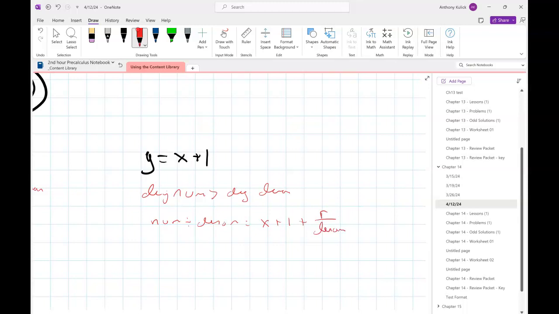Well, I'm just showing you how to do this, right? So what I'm going to do is pick a denominator. Let's pick the smallest denominator we can pick. How about x? Because if it's a constant, it's not a rational function anymore. It's just a polynomial, right?